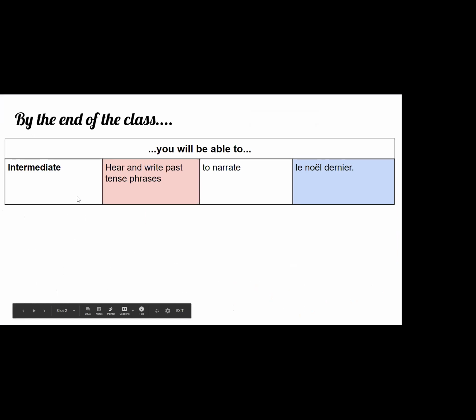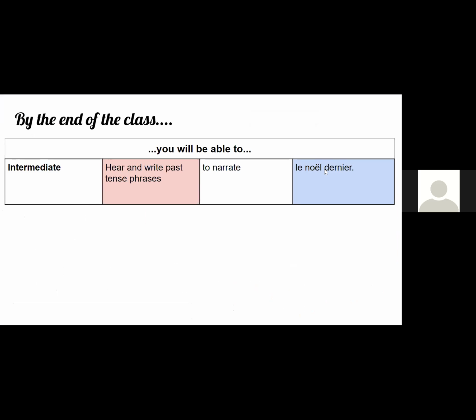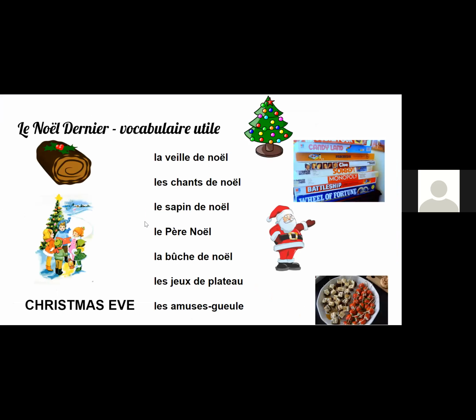By the end of class, you'll be able to hear, because it's a listening, and write past tense phrases. In that document, all the gaps to fill are a mixture of imperfect and passé composé past tense to narrate le Noël dernier, which is last Christmas, the Christmas last. So that's our text for today.